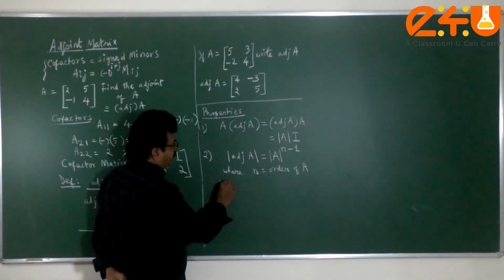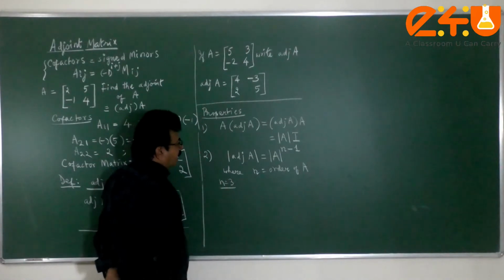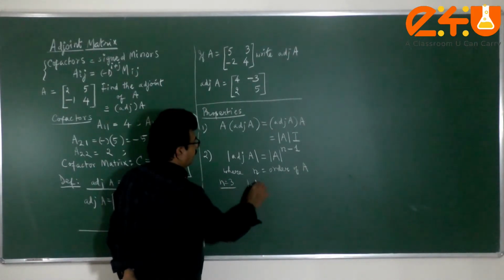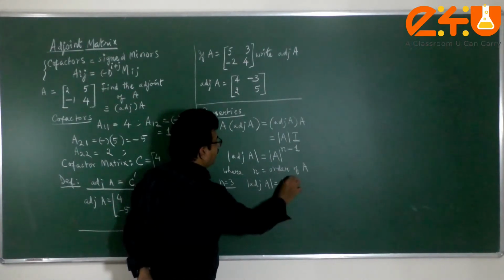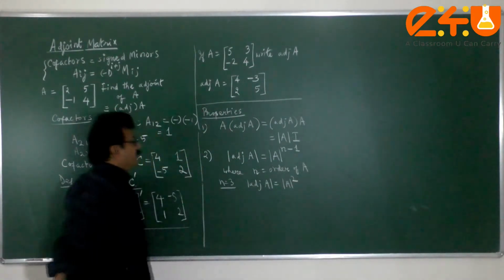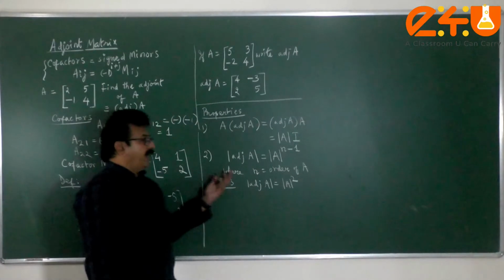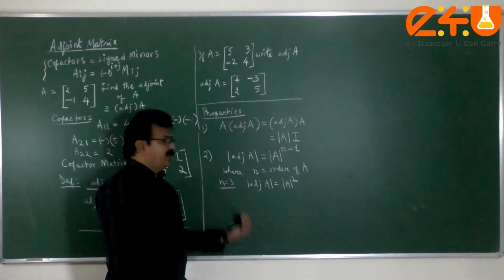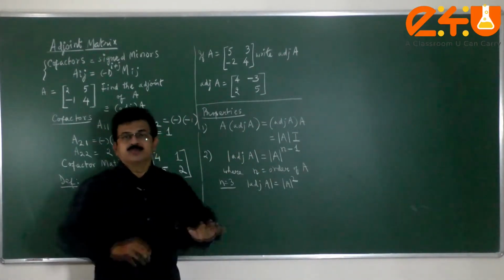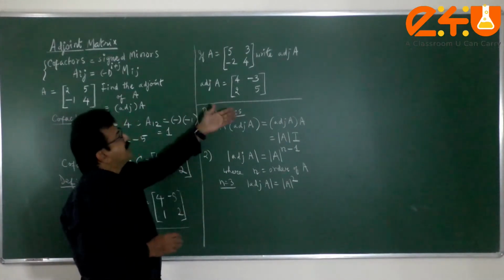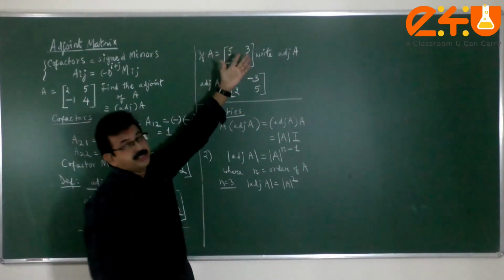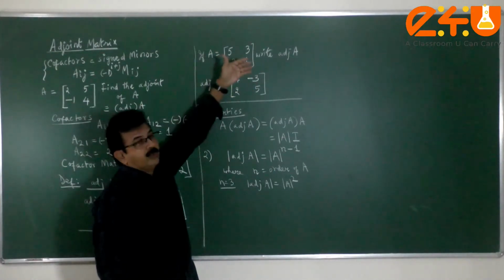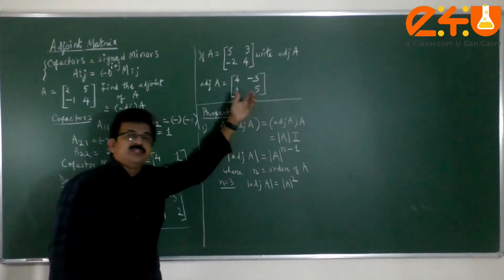Or let me be very specific. If the order is 3, then the determinant of the adjoint matrix is determinant A squared. If it is a 2 by 2, the determinant of the adjoint and the determinant of the given matrix are both the same. As you can see, the elements are interchanged, but the determinant value doesn't change.